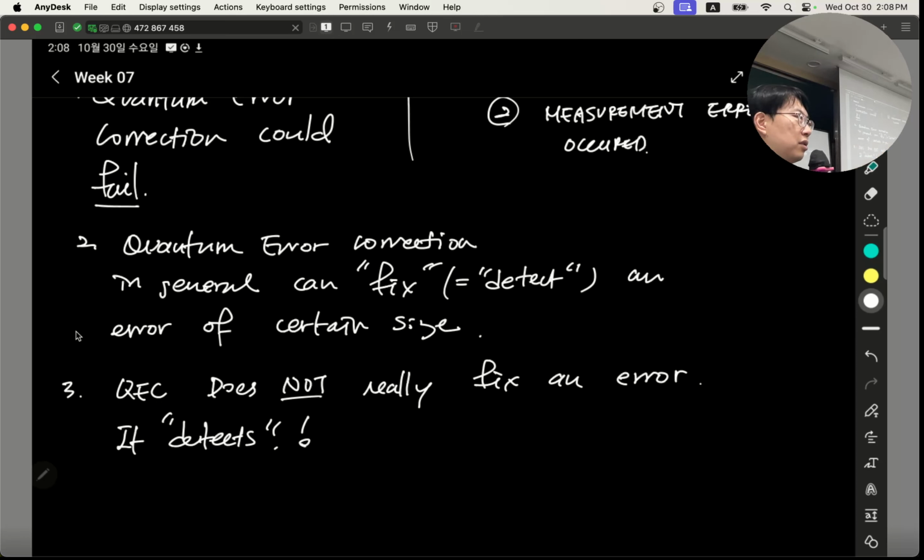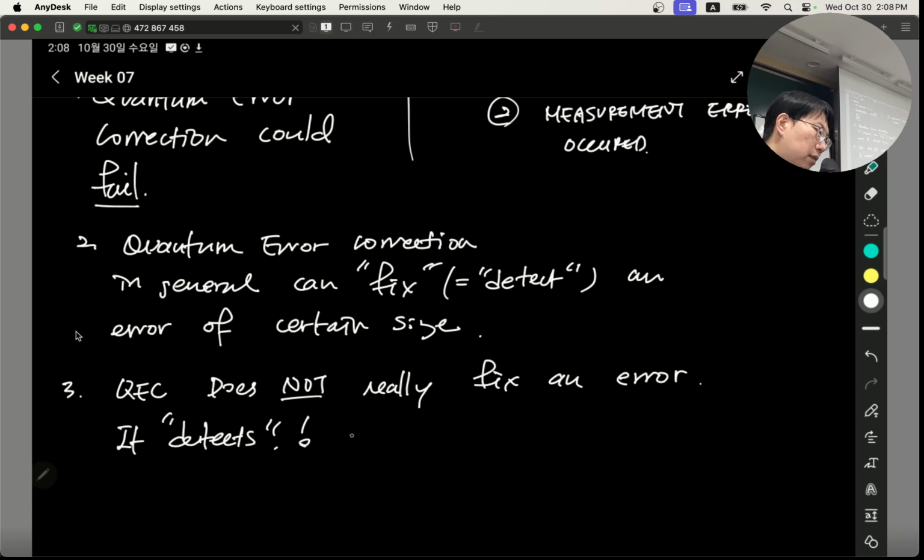So your error correction raises your chance to get the correct answer, but it doesn't give you 100% accuracy of your answer.